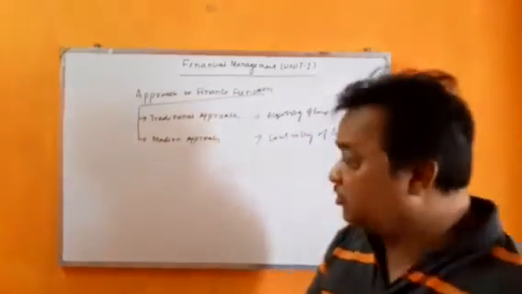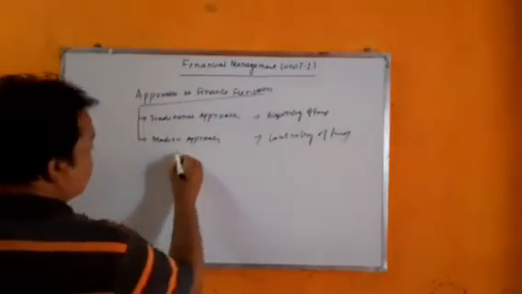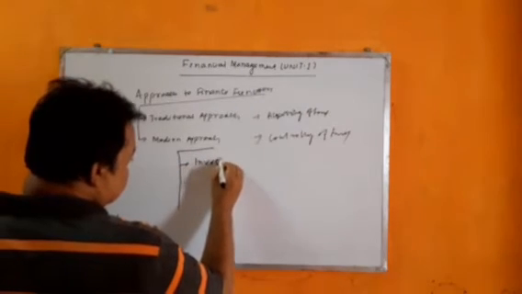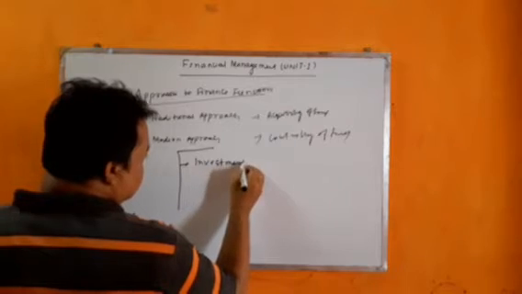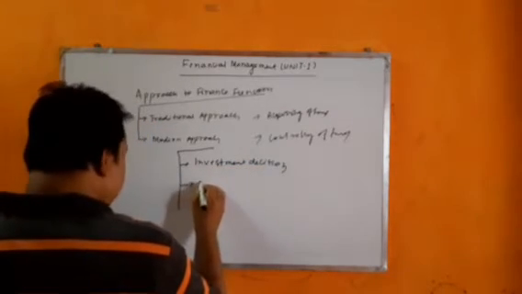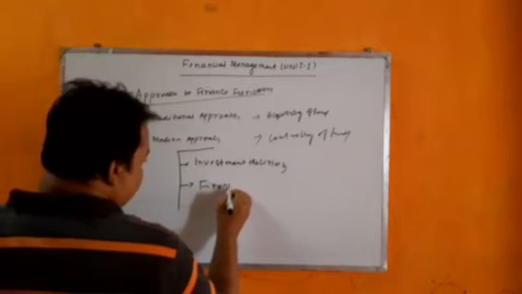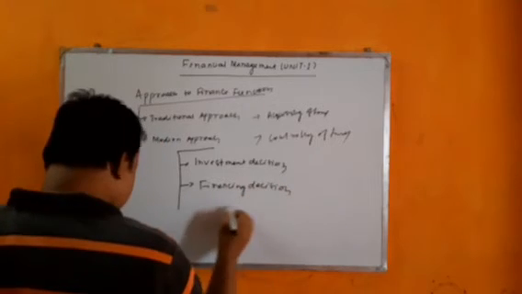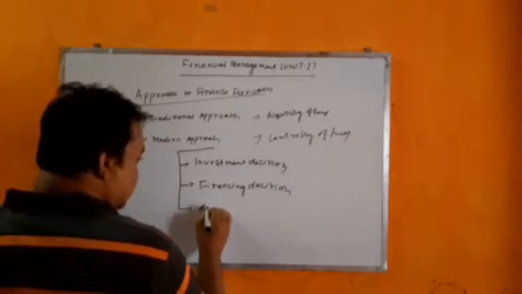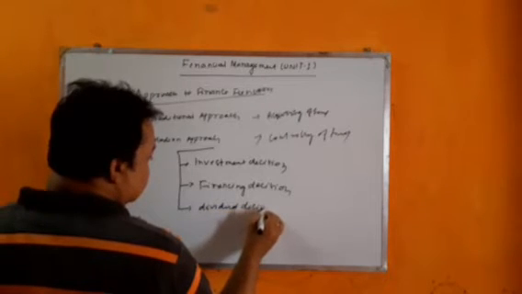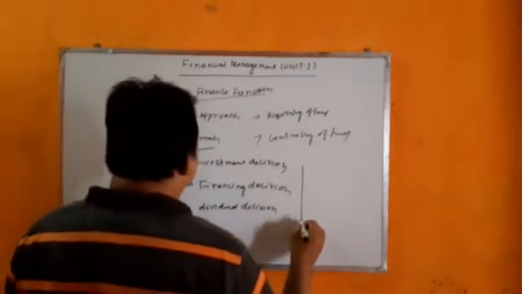So when we are discussing the modern approach, we have to discuss three things: the investment decision, the financing decision, and the dividend decisions. These are the three things we have to discuss in the modern approach.